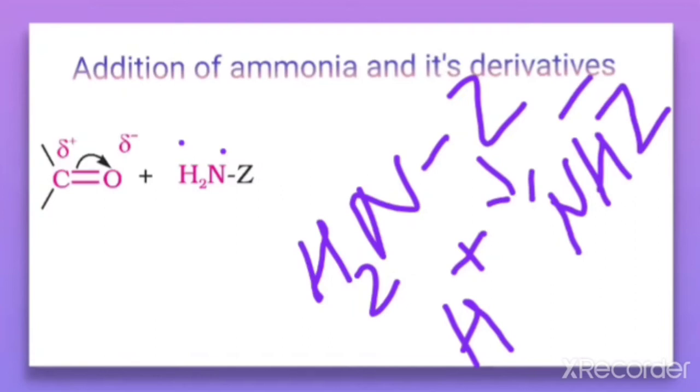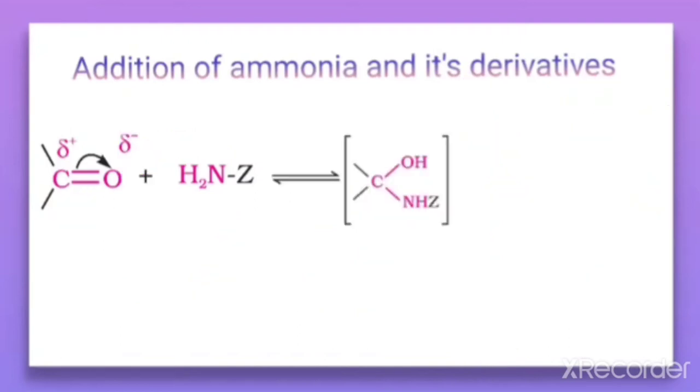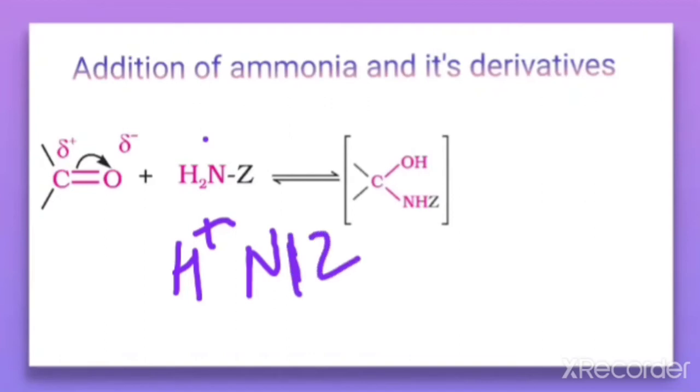The positive part, one H positive, gets attached to the partially negatively charged oxygen, and NHZ negative gets attached to the partially positively charged carbon. So what product do we get? An intermediate is formed here. As I told you, just rewrite this as H plus and NHZ minus.